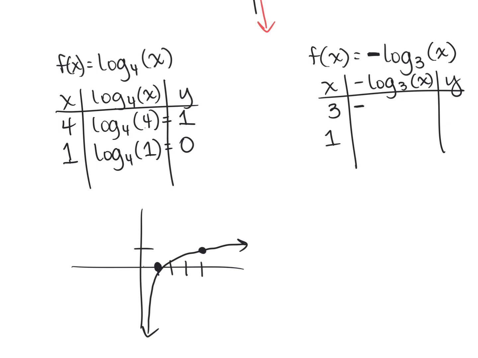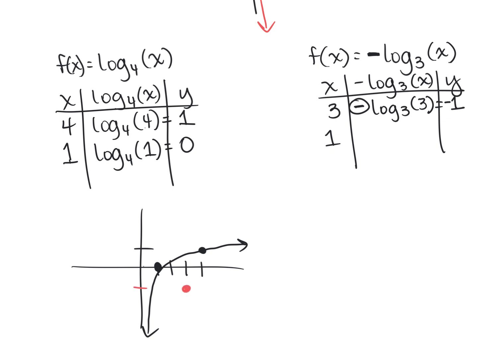So this time I just have to make sure at the end that I multiply by the negative that's out front. So I know that 3 to the first power is going to make the 3 that I need, and then I have to multiply by this negative. So on this one, I'll do it in red on that same graph. I've got 3, -1, so that's going to go here.